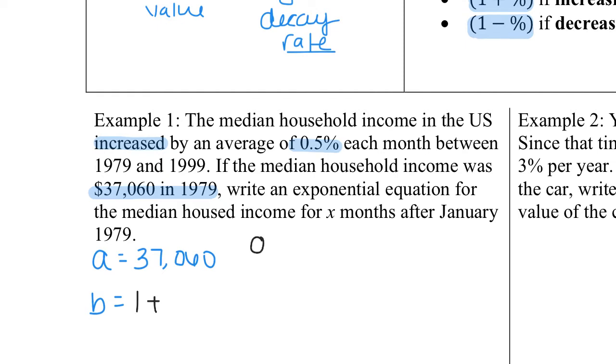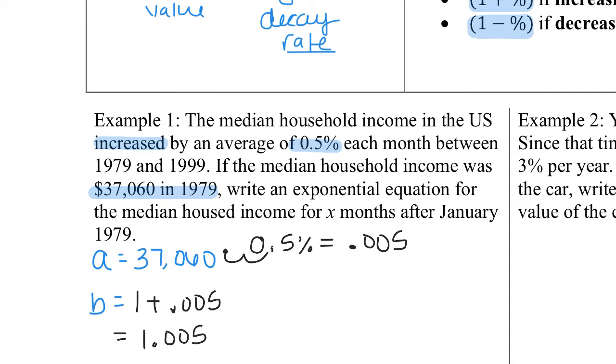So I need to change 0.5% into a decimal. That means take this decimal place, move it 2 times to the left. So I'm actually using 0.005 as my rate. So my b is 1 plus 0.005. Well, 1 plus 0.005 is 1.005.